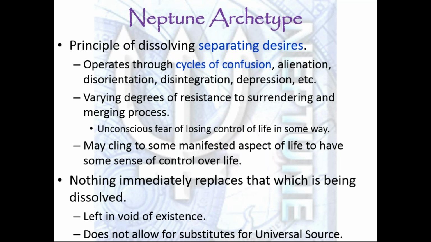Now, each individual soul is going to have varying degrees of resistance to surrendering and dissolving our barriers or separating desires, and we'll have varying degrees of resisting the merging process, from complete and utter resistance in every way to just little itty bitty areas where we may resist.